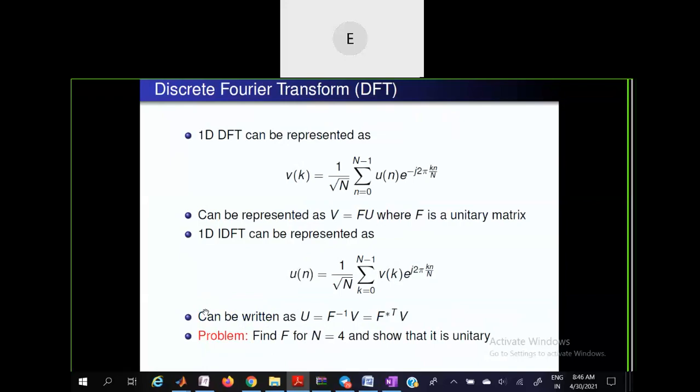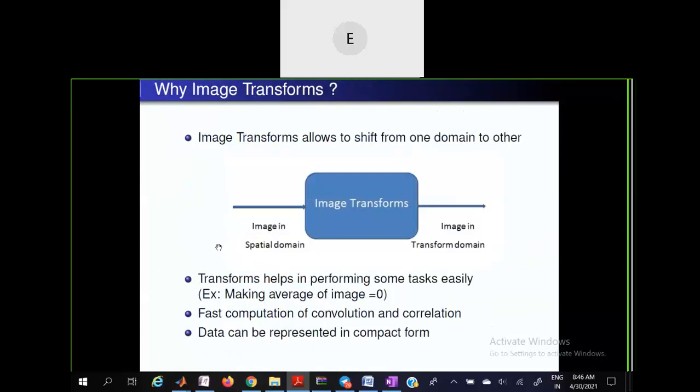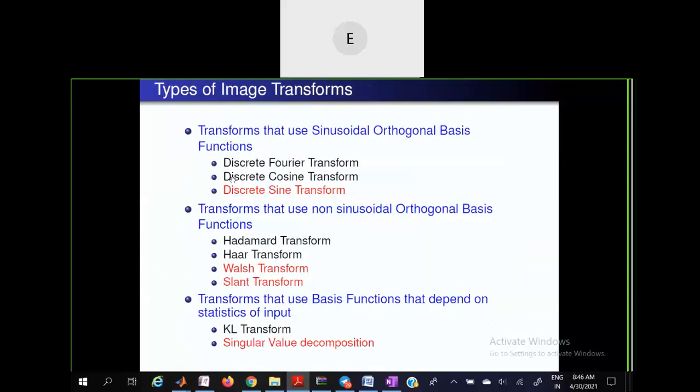Okay. So in general, we have discussed transforms in general. Now we will take typical examples, one by one. So let us start with the DFT. DFT comes under the heading of transforms that use sinusoidal orthogonal basis functions.